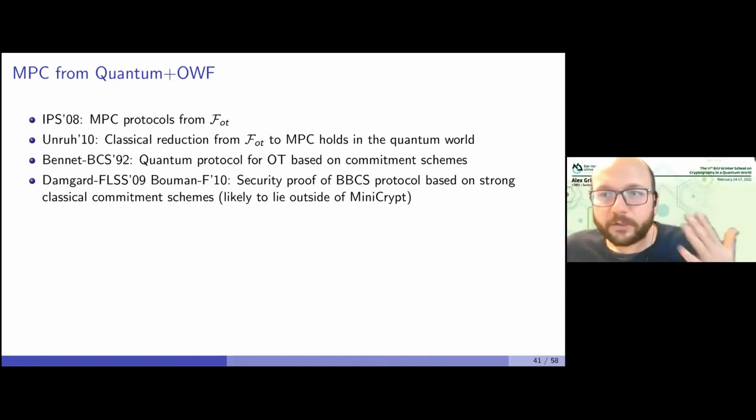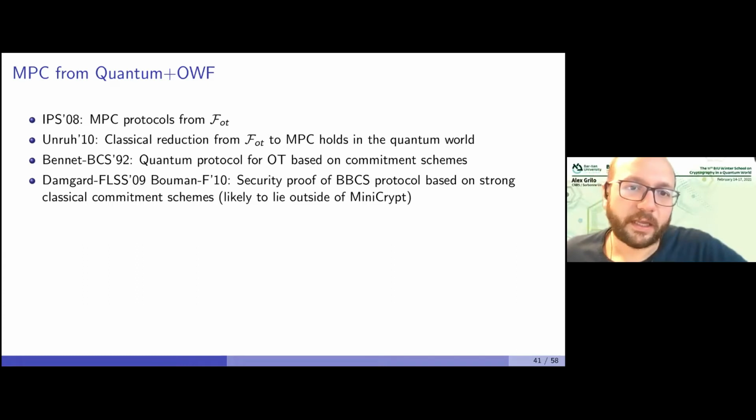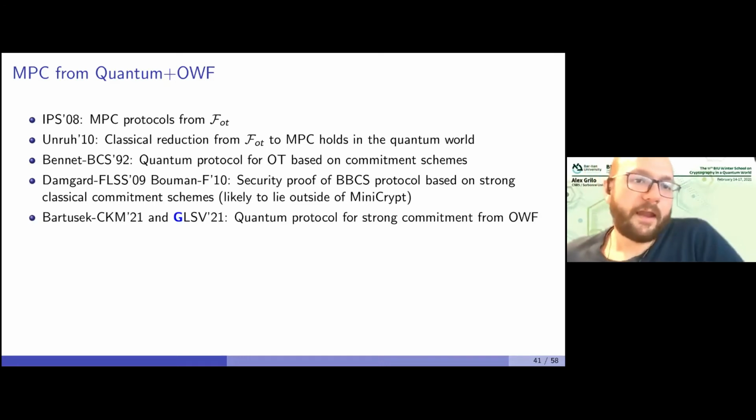So it's something that we should not believe to lie in Minicrypt. And finally, last year, in two independent works, the first one by Bartusek et al. and the other one by Grilo et al., we finally got a quantum protocol that builds the strong commitment scheme that we need to instantiate BBCS from one-way functions.